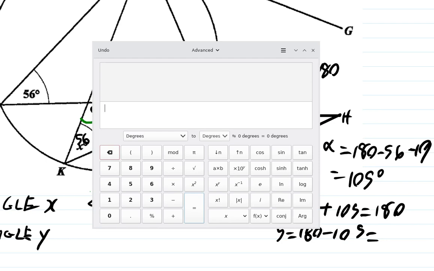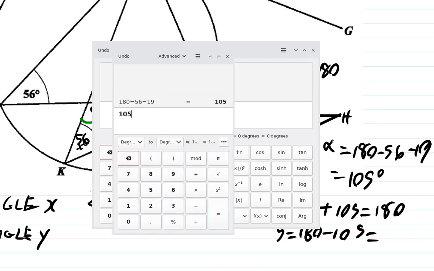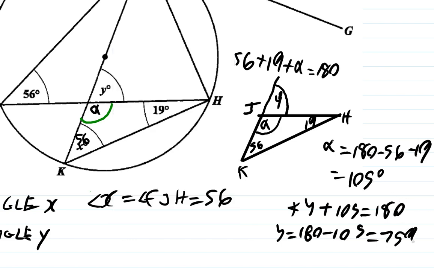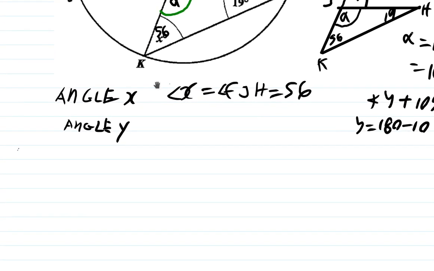So 180, take 105 from 180 and you get 75 degrees. So angle Y is 75 degrees.